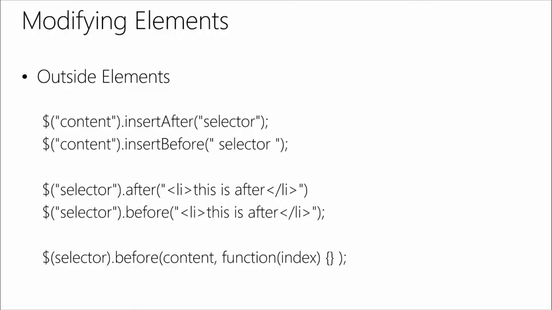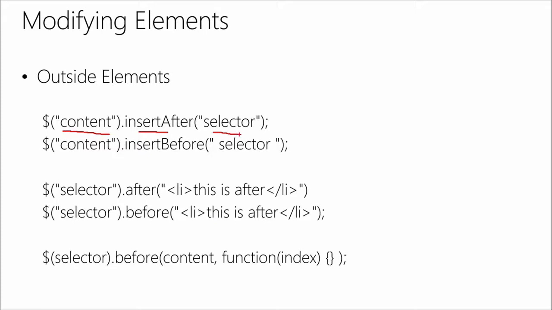Okay, a little bit more on modifying elements. So I did the prepend and append, but now we have outside of elements. So those would have been inside of elements before. Now, if we want to do things outside of an element, we can insert after or before, and this is going to have the same syntactical style as the last two samples. So I'm going to have my choice here. I could put the content selector, and say insert after or insert before to what selector.